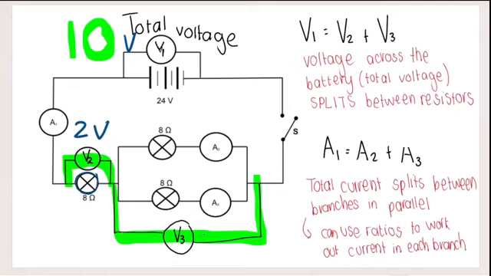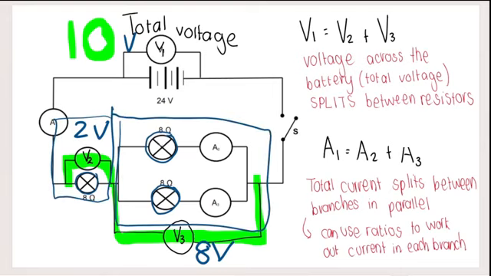Then 8 volts will go to the resistors in parallel. That means that this one over here will get 8 volts, and this one over here will get 8 volts. So basically the total voltage splits between this piece of the circuit and this piece of the circuit. The parallel stuff functions as one piece of the circuit basically. So V2 plus V3 will give me V1.